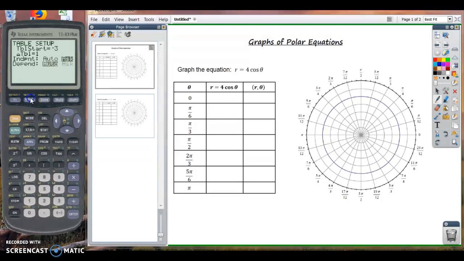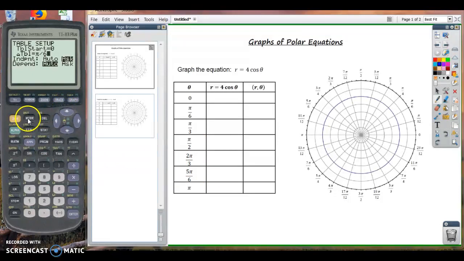What I'm going to do is go to the table set. So I'm going to go second window, and I'm going to start my table at 0, and the increment that I want is pi over 6. So if I hit the second key and get pi and then divide by 6, that's going to make each of my entries go up by pi over 6.